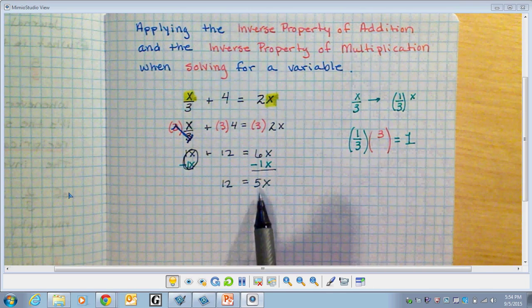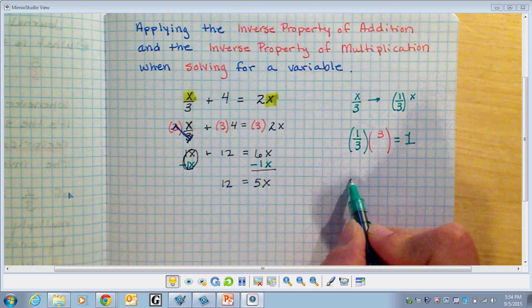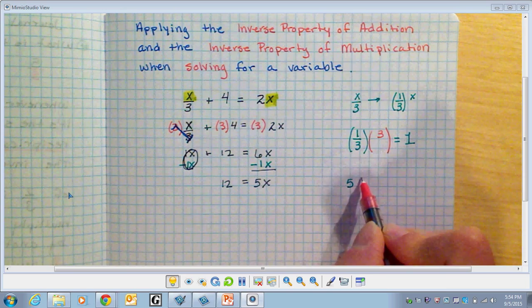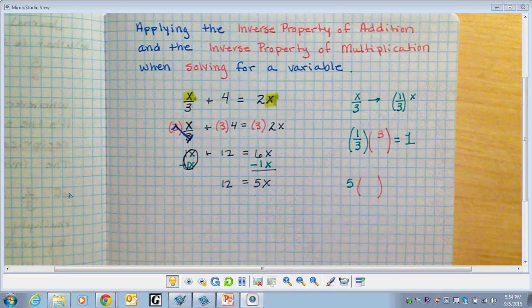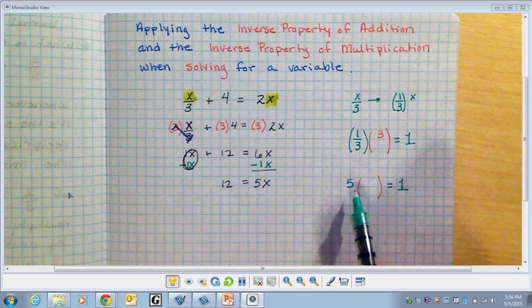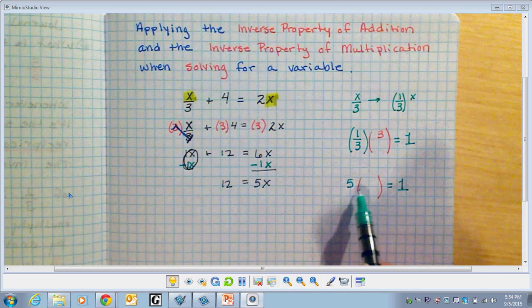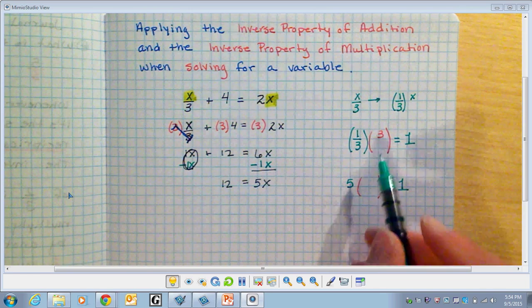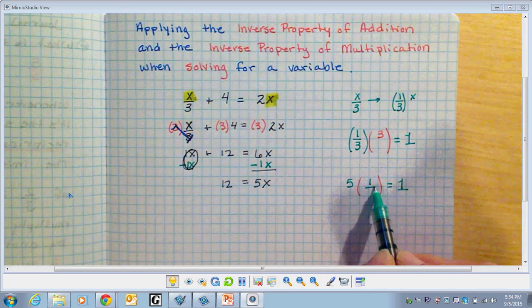The inverse property means if I have the number 5, I want to multiply it by something in order for me to get 1. So if I multiply 5 by its inverse, I'll get 1. What is the inverse of 5? The inverse of 5 is 1/5.